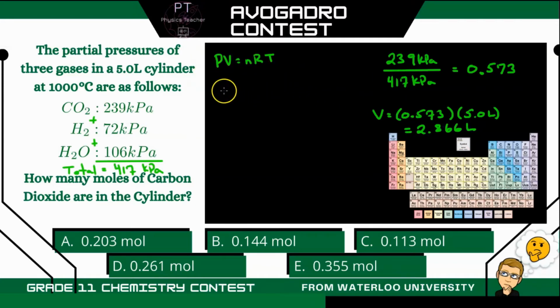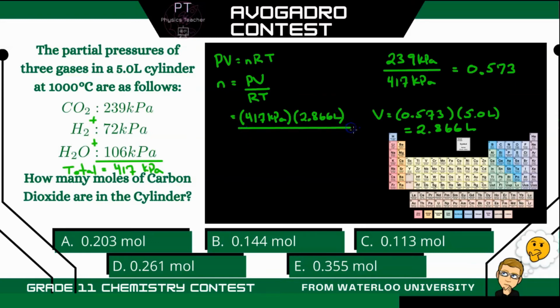So now we can apply PV equals nRT. So we rearrange to solve for n, the number of moles. So that's going to equal PV over RT. So the pressure acting on the canister, that's our total pressure, is 417 kilopascals, multiplied by the volume that carbon dioxide is going to occupy, which we've just calculated to be 2.866 liters.